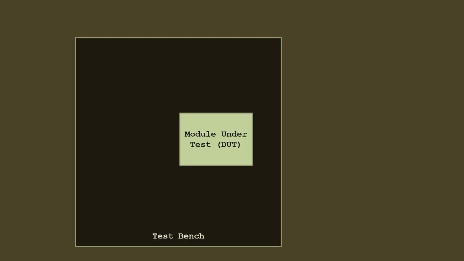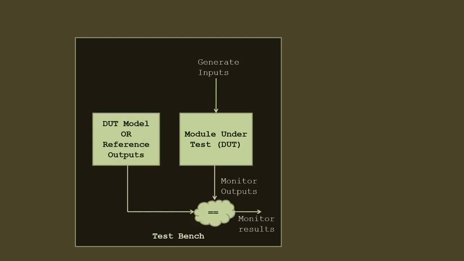So for test bench, we generally generate inputs for our block and we monitor the outputs. That's the most basic test bench that we'll be covering. For more advanced test benches, we generally have some already available reference outputs or a DUT model.